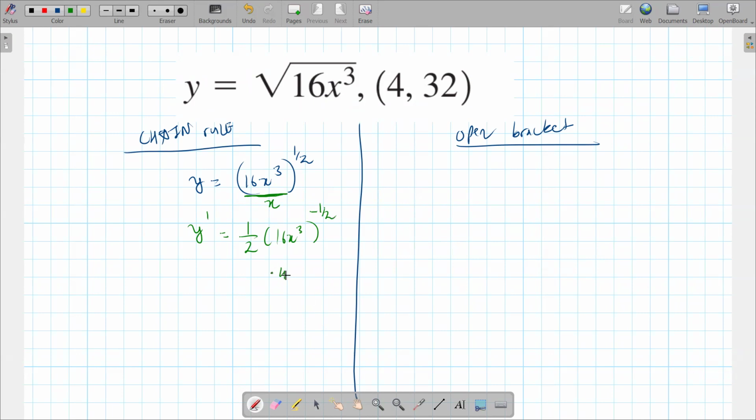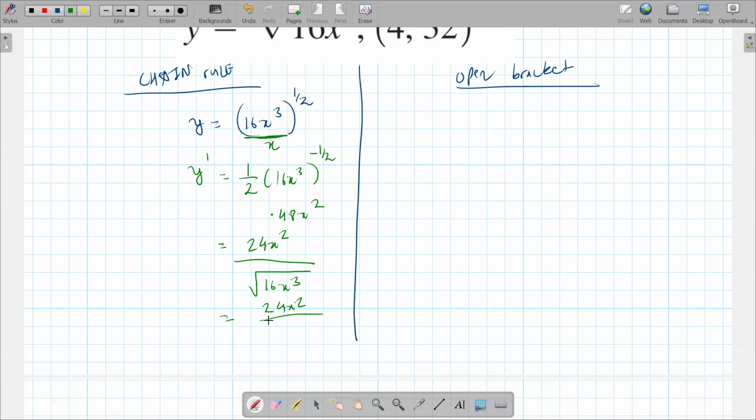48x to the power of 2. Yes. So that's one way of doing this. We could potentially clean this up. So this will be 24x squared over the square root of 16x^3. So that's 24x squared over 4.